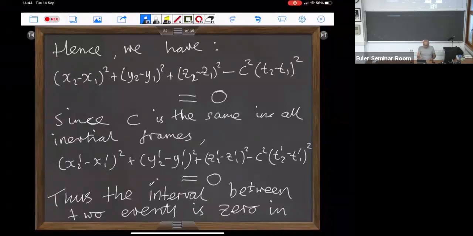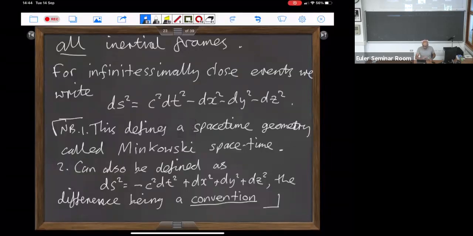Now what we get is these two equations. One is in the frame K, and the second is in the frame K prime. So it means that the interval between two events is 0 in all inertial frames.